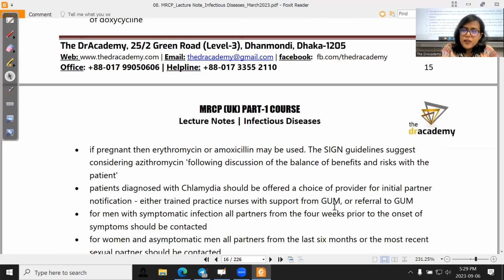So we will ask her, whom have you been in contact with in the last 4 weeks, as the patient is symptomatic. And if it was incidentally diagnosed, for example, this woman has no signs or symptoms, but on a routine inspection it was picked up that she has tested positive for chlamydia, in that case we will tell her to notify any of the guys she has met in the last 6 months, okay?